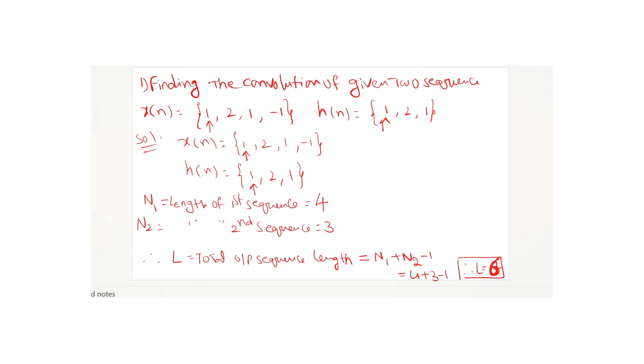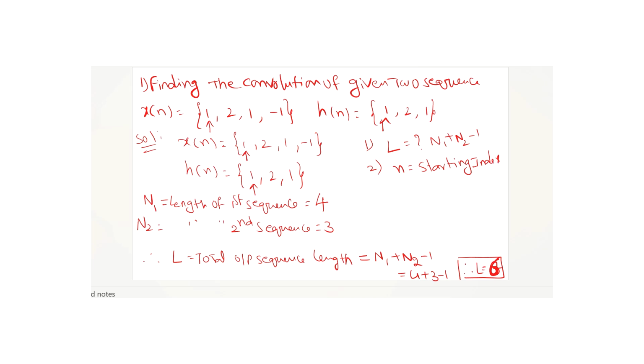So firstly, for finding the linear convolution, the first pre-processing step is finding the L value based on n1 plus n2 minus 1, and the second pre-processing step is finding the starting index for the output sequence.